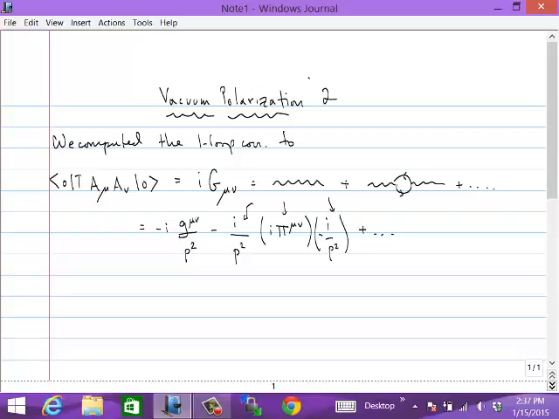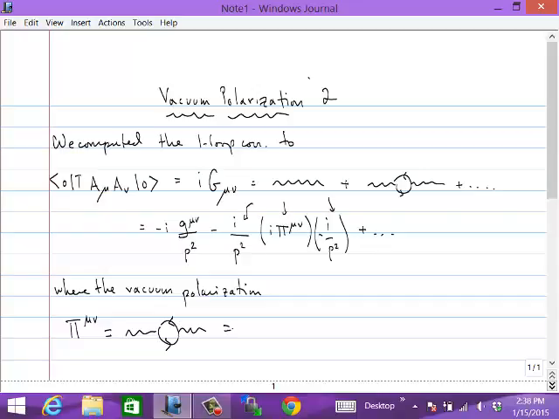If we want to write that a little bit more succinctly, we can use the fact that the vacuum polarization, or the photon self-energy, pi mu nu, at leading order, is just this one-loop diagram.